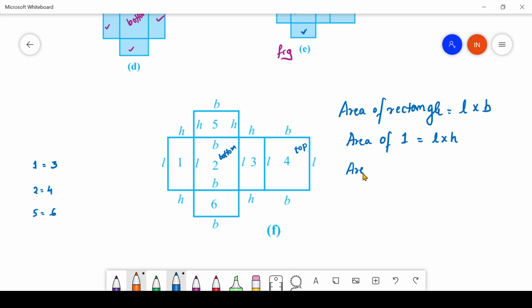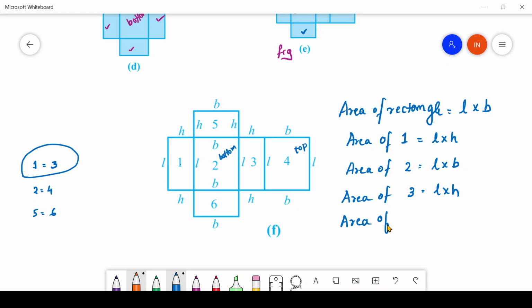Now let us move on to the area of face 2. That is the bottom part. You can see here L is the length and B is the breadth. And similarly, let us move with the area of face 3. As we have seen here, the areas of face 1 and 3 will be the same. So L into H. Then the area of face 4. Area of face 4 will be equal to which area? Area of face 2, right?